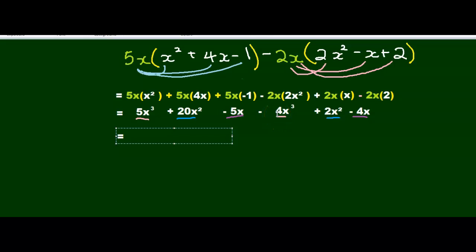That leaves me with 5 minus 4 is 1, x cubed. Then we have 20x squared plus 2x squared, that gives me plus 22x squared, and plus negative 5x minus 4x gives me negative 9x. So I'm actually going to change my plus to a minus because it's a negative 9. That's our final solution.